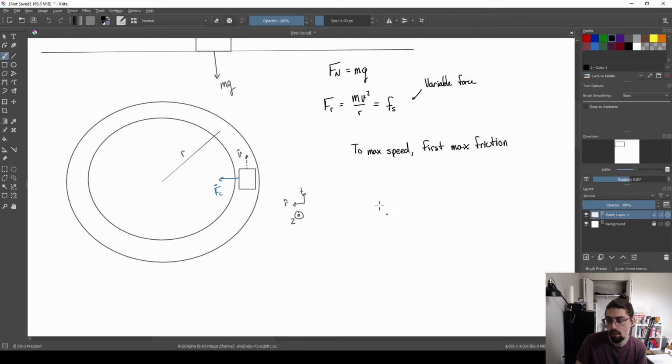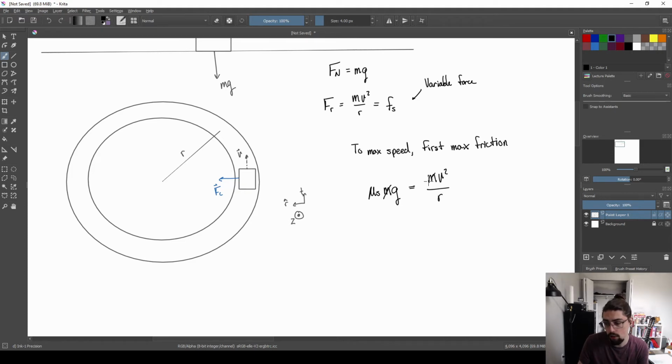That is mu of S times the normal force, that is the maximum force that static friction is able to provide, should be equal to mv squared over r.